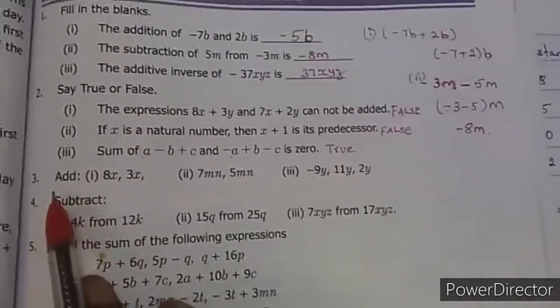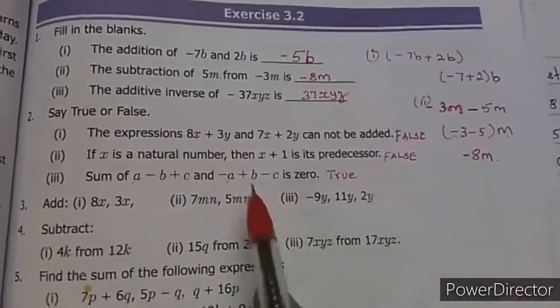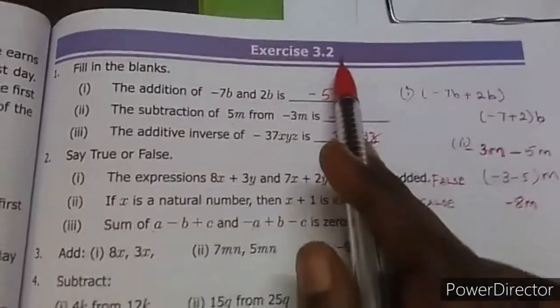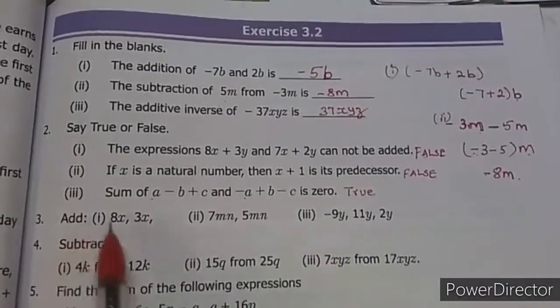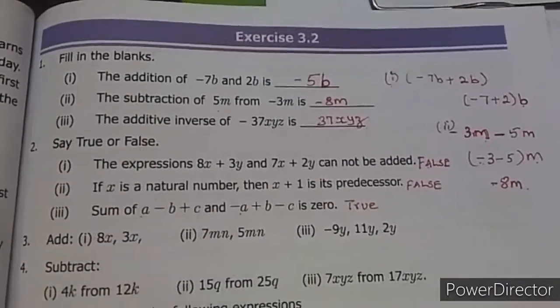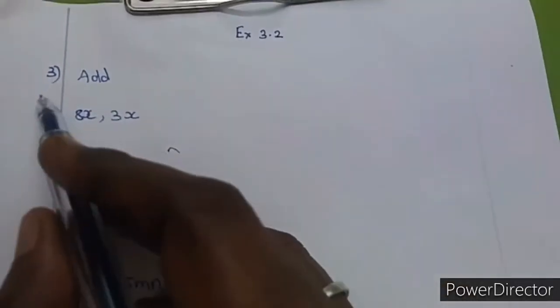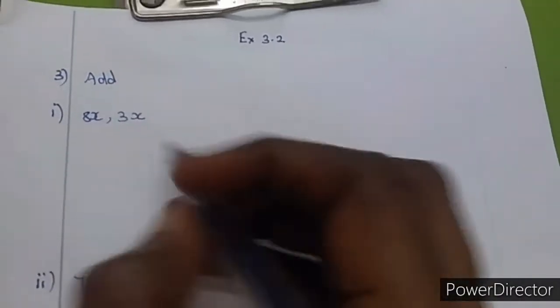From question number 3, we can work out the sums in the classwork note. Write the heading as exercise 3.2 and copy question number 3, addition, subdivision 1, 8x, 3x. Add the given terms.